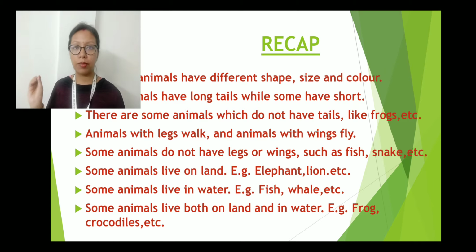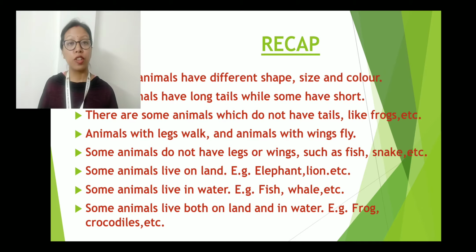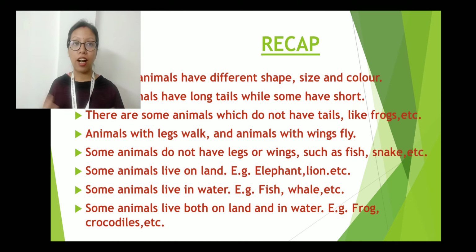And there are some animals which can adapt to both situations. That means they can live both on land and in water. And these animals are frog, crocodiles, etc. So we have learned that there are different sizes, colors and features or characteristics about animals.